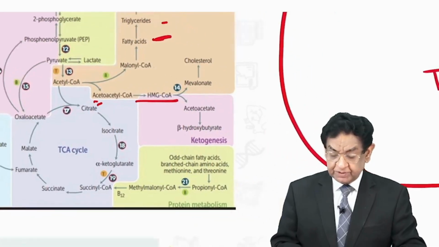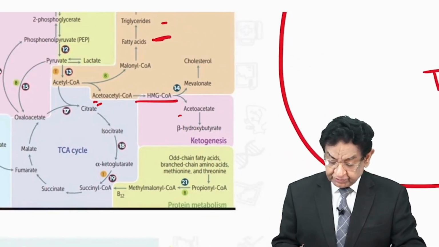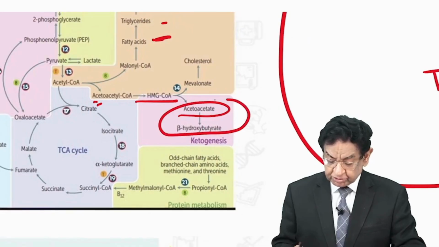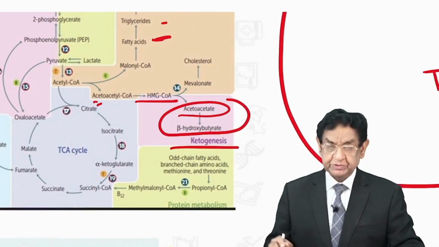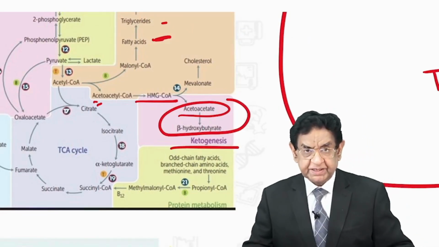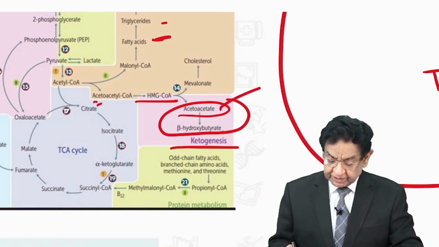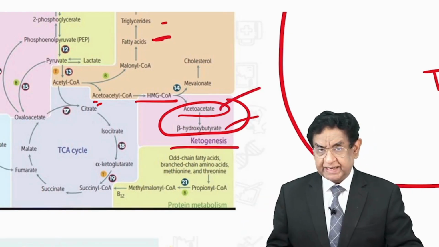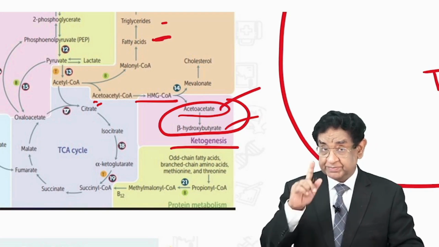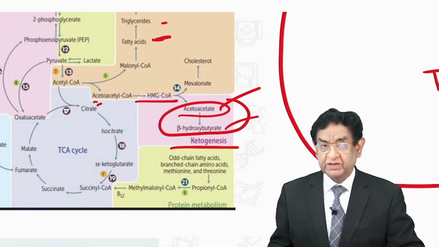Now this HMG-CoA gets converted to acetoacetate and beta hydroxybutyrate. This is ketogenesis, the point I just mentioned to you. But I want you to note down two things. One is acetoacetate and beta hydroxybutyrate. Well, we know there is something called acetone also, which is a part of the ketones.